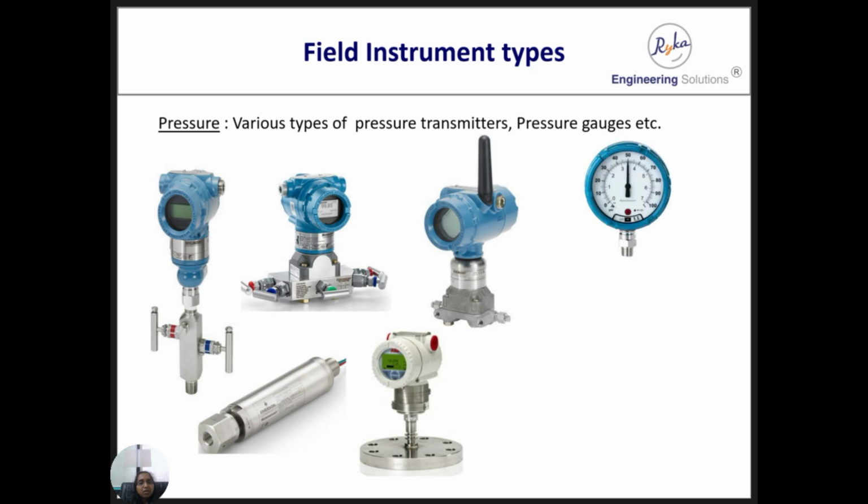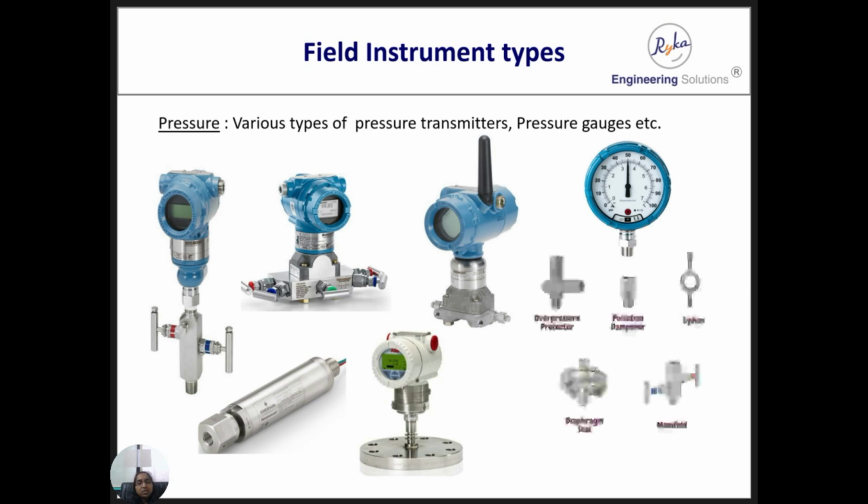There are many types of pressure gauges: diaphragm seal type, burden type, capsule type. There are many pressure gauge accessories that also need to be worked out in detail engineering: overpressure protectors, pulsation dampener, siphon, manifold, and special connection types like diaphragm seal.